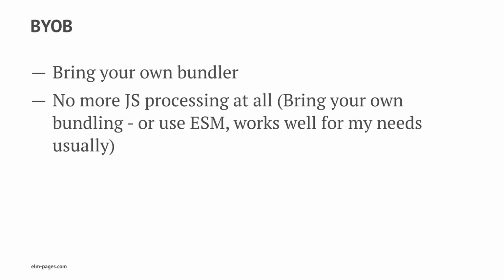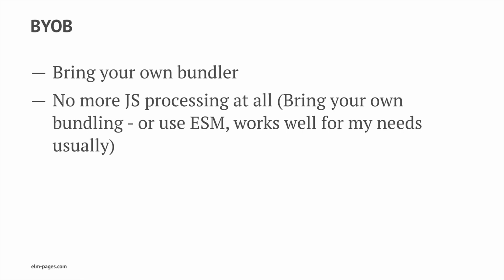If you pull in a couple of native ES module imports using modern browser import syntax, then that works really well. If you just have a few dependencies and you can pull it in like that, then you don't need a bundler and you don't have that much JavaScript, so it works out fine.